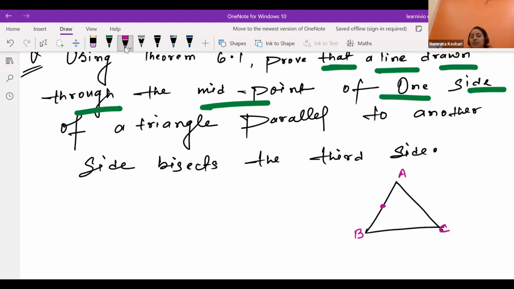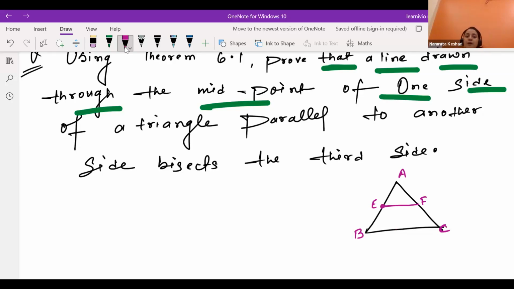Suppose AB has the midpoint, let's say E. So through the midpoint E we draw a line EF which is parallel to the other side, then what do we have to prove?